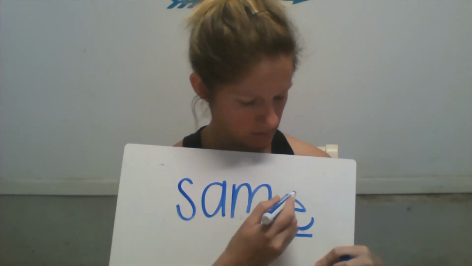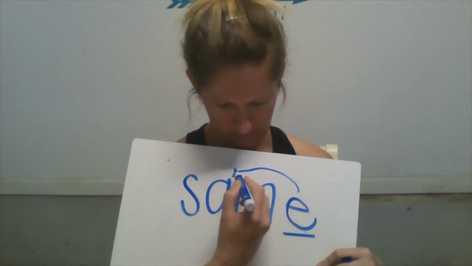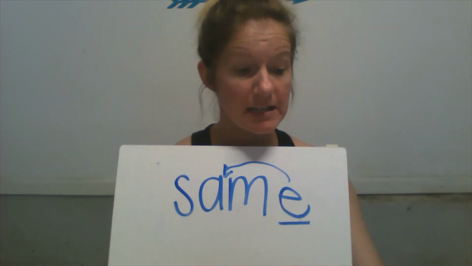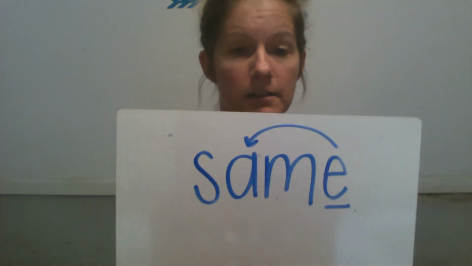I have a helper E. Doing this upside down, sorry. Oh, y'all, that is so messy. Let me fix that. I tried to write it upside down and it just didn't work. Okay, so we've got our helper E.